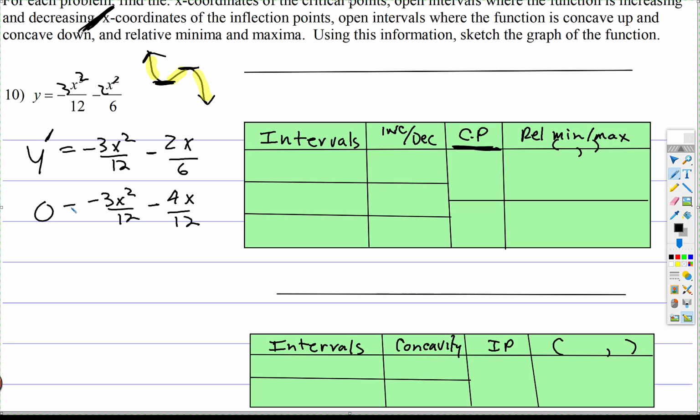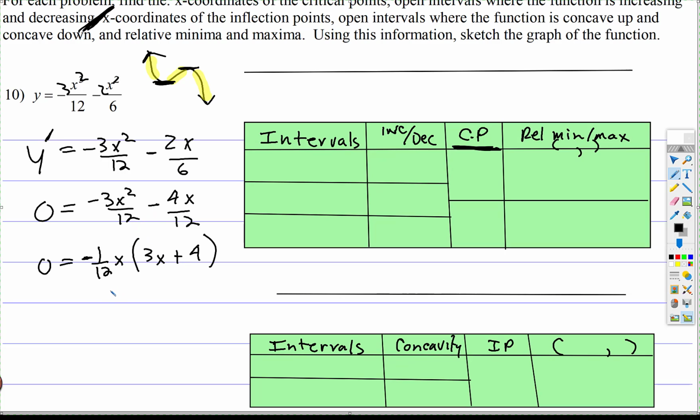And I'm going to set the derivative equal to 0. And I'm going to factor out, they both have an x in common, and they both have a 1/12 in common. I'm going to factor out a negative 1/12. So negative 1/12 x, we factor that out, we get 3x plus 4, right? Because when we factor out the negative, negative divided by negative is positive, negative divided by negative is positive.